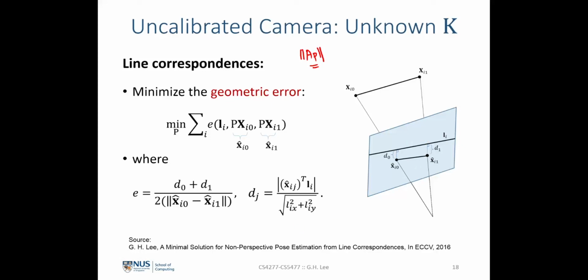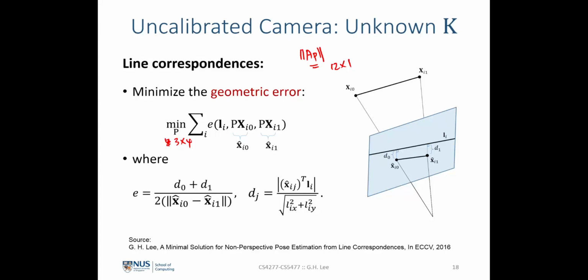So once we have found the initial solution for the P vector over here, which is a 12 by 1 vector, we will reshape it back to form a 3 by 4 camera projection matrix, and we'll minimize the geometric error, because now it's not a point correspondence anymore, and now it's a 2D to 3D line correspondence.